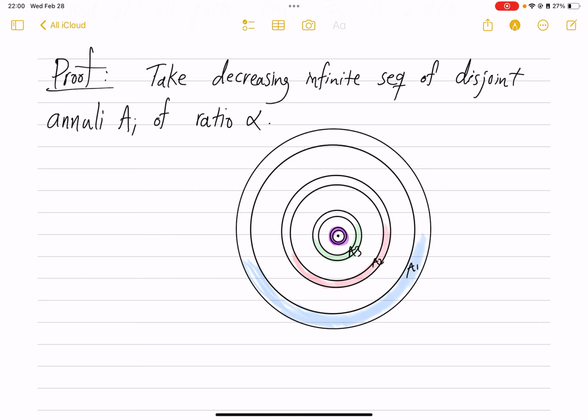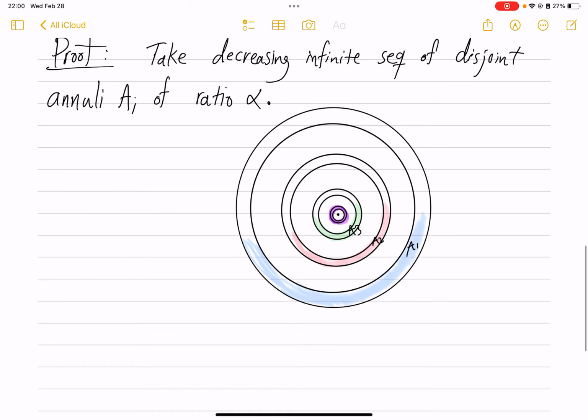So each one has the same ratio alpha. Of course, you can find the infinite sequence. The next r you pick is, say, half of the smaller circle of the previous one, and this, of course, never hits 0, and you can go on forever. So you have the sequence of annuli shrinking down to z naught.